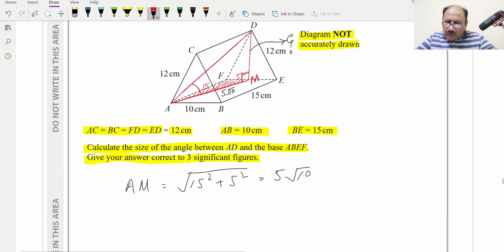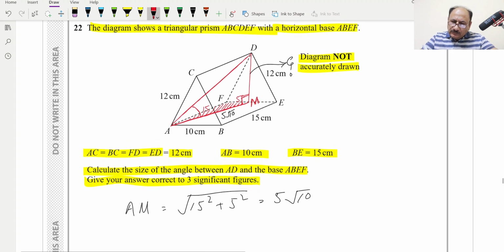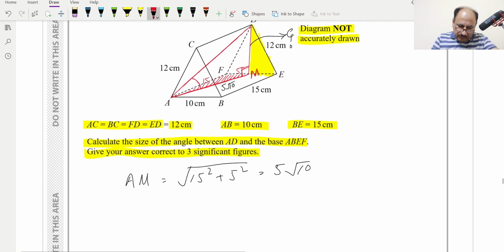So 5, 12 will be, yeah, so we can do one thing. We can consider this triangle now. Now in triangle EMD, we have EM as 5.